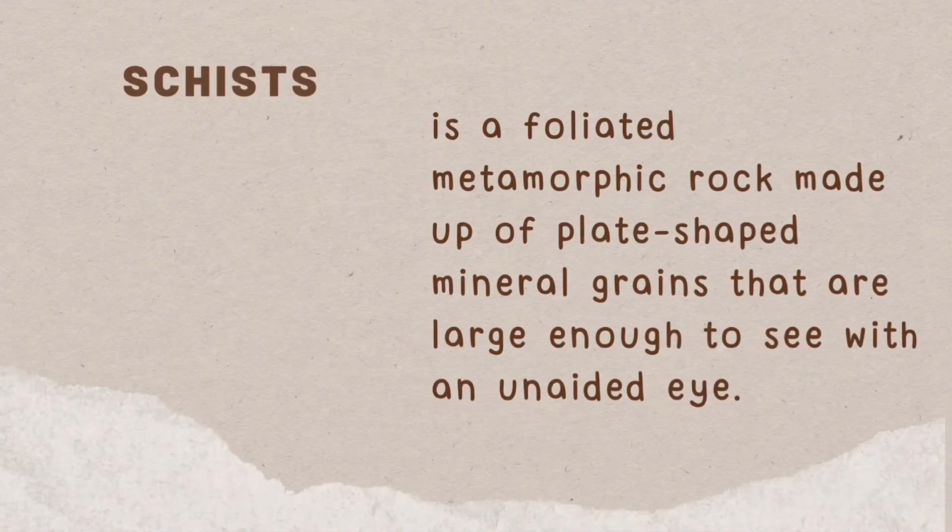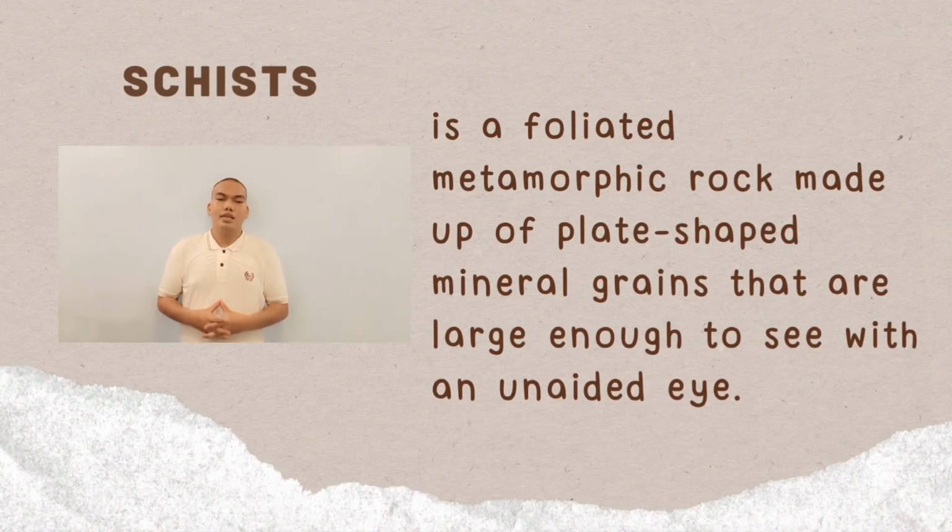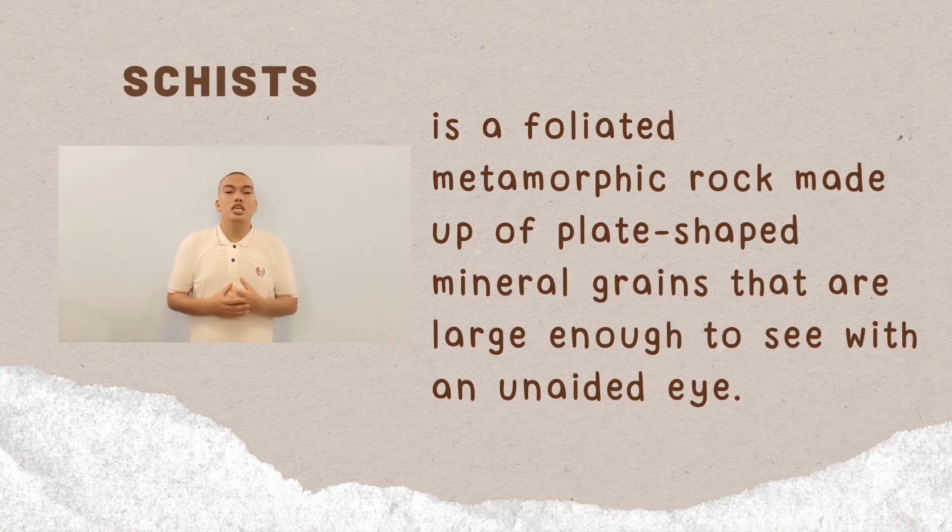Some of these bands or lenses contain interconnected granular minerals rather than platy ones, giving it a banded appearance and texture. Schist is a foliated metamorphic rock made up of plate-shaped mineral grains that are large enough to see with the unaided eye.